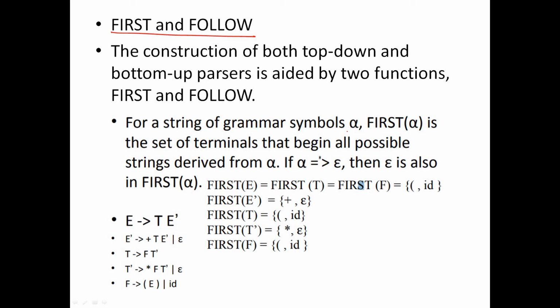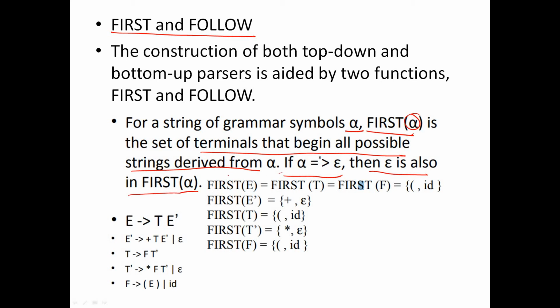Here I am taking the grammar symbol and calling the first method by passing the symbol. It is the set of terminals that begin all possible strings derived from alpha. So alpha is all the possible terminals used in the given grammar. If alpha is epsilon, then epsilon is also in first of alpha. Whatever terminals you choose, if epsilon is also there, then we can add that also.